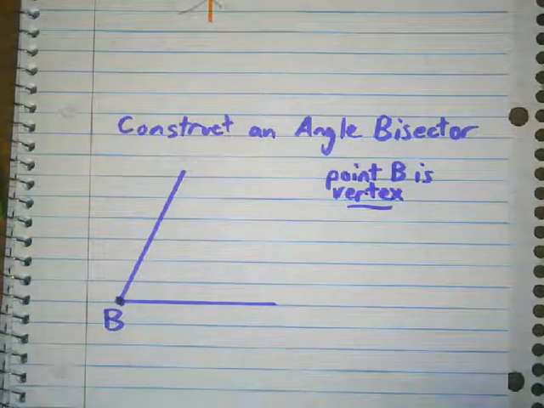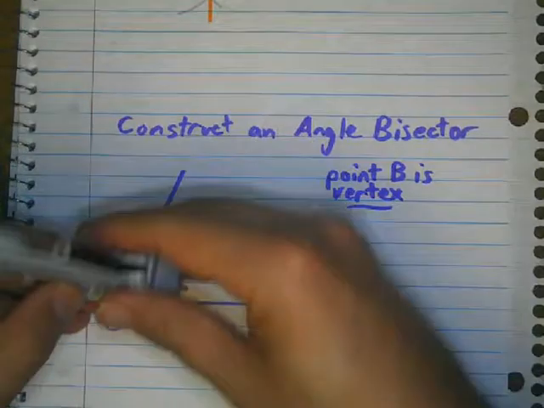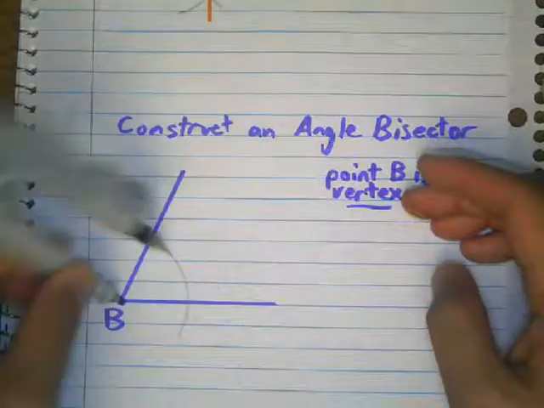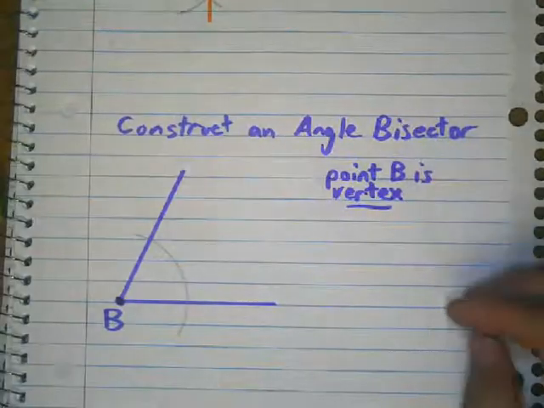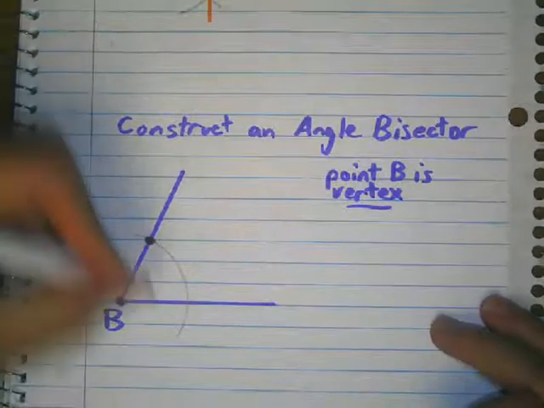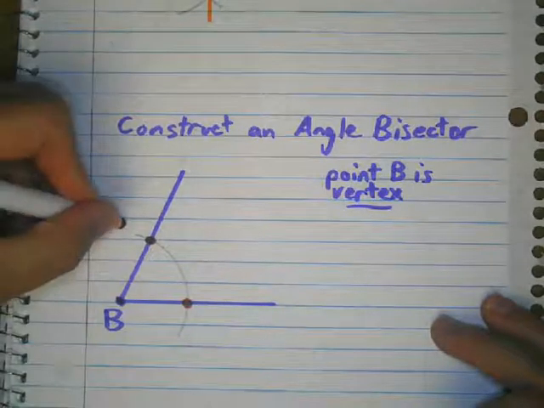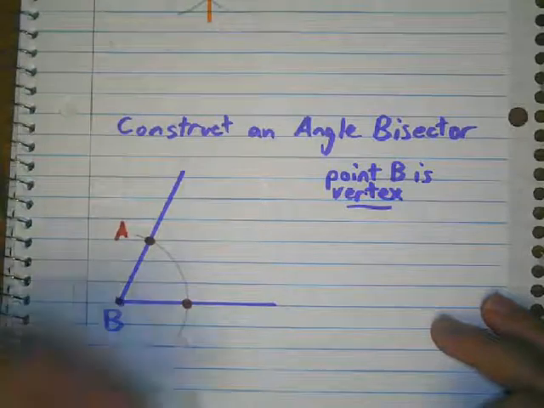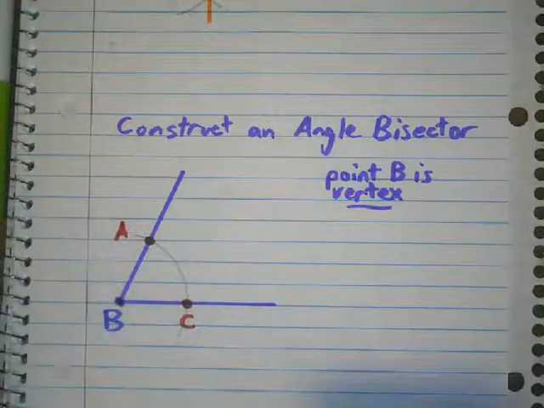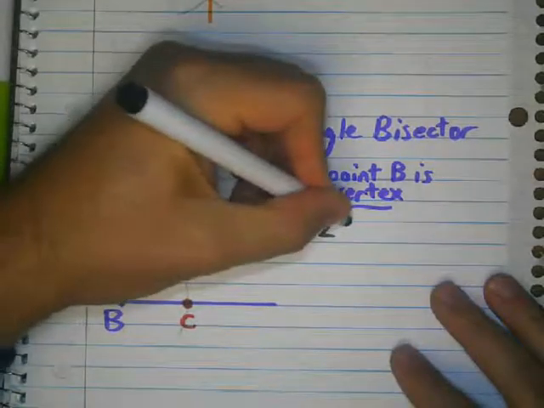Now, if I draw an arch from point B, this will get me two points that are an equal distance away from B. So I'm going to label this one A, I'm going to label this one C, and so now we have angle ABC.